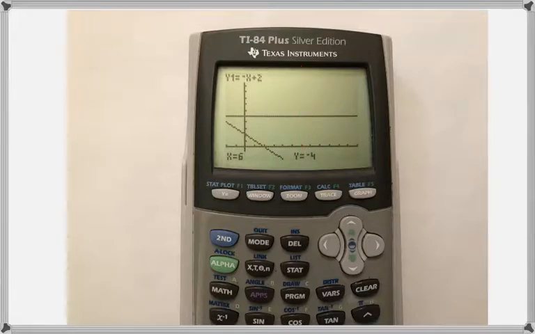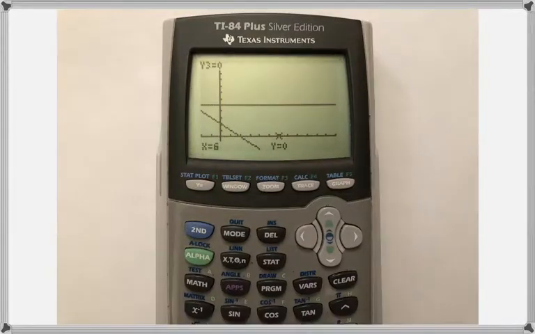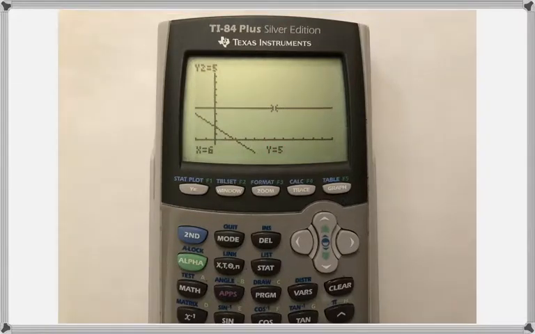And just like with the y-axis, we need to press up or down to scroll through all of the points. So right now it's on 6, negative 4, which is somewhere down here. So if we press up or down, we can get it to 6, 0, and then 6, 5. So we want 6, 0 and 6, 5.